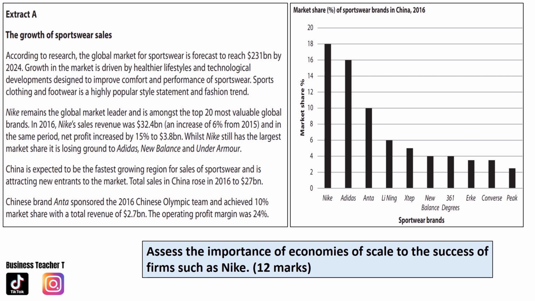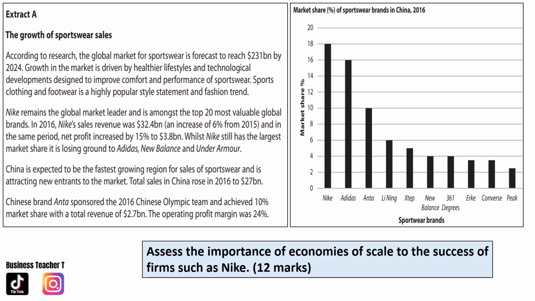Nike remains the global market leader and is amongst the top 20 most valuable global brands. In 2016, Nike's sales revenue was $32.4 billion, an increase of 6% from 2015. And in the same period, net profit increased by 15% to $3.8 billion. Whilst Nike still has the largest market share, it is losing ground to Adidas, New Balance and Under Armour.